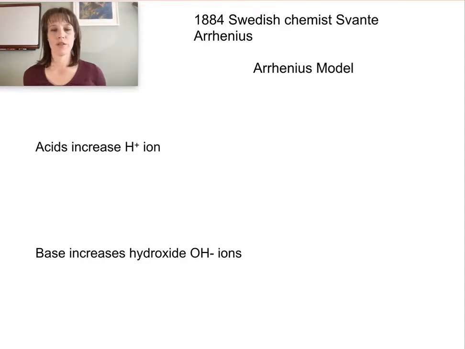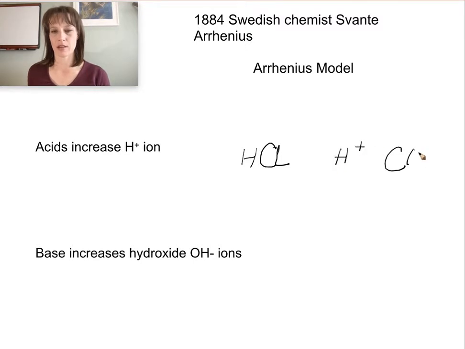In 1884, the Swedish chemist Svante Arrhenius came up with the Arrhenius model, where he is talking about increasing hydrogen ions in solution, in aqueous solution. So something like hydrochloric acid, which would break into hydrogen ions and chloride ions in solution, would be considered an Arrhenius acid.